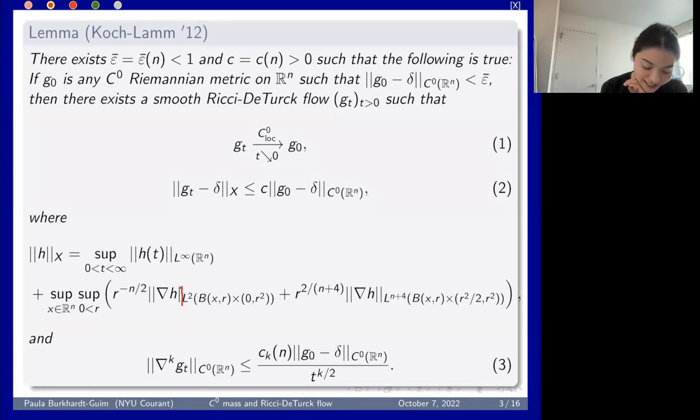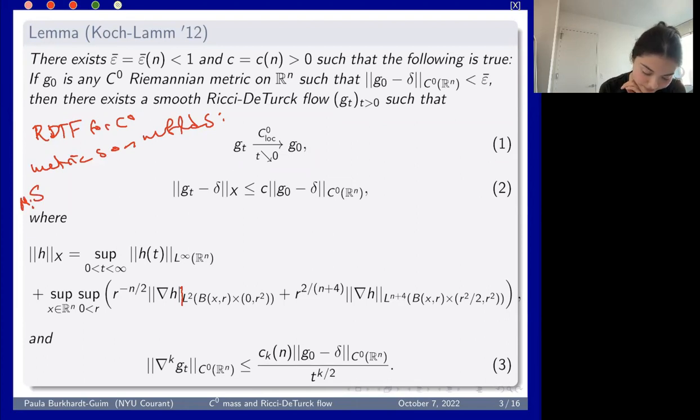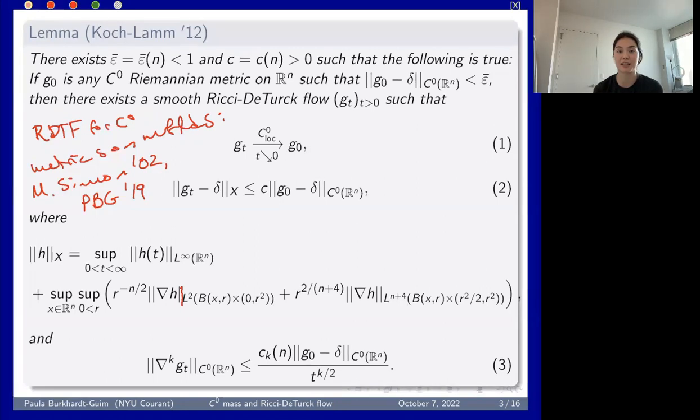If you want to look at Ricci-DeTurck flow for C0 metrics on manifolds, there's some work of Miles Simon from 2002, which has slightly different estimates than what you see here. And then I also looked into this a little using similar norms to those of Koch and Lamm. But anyway, for us, we will just think about Euclidean space.